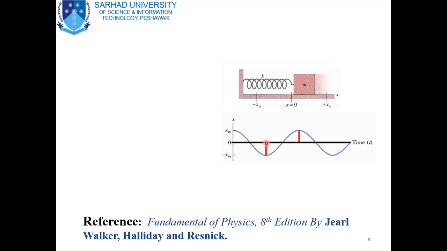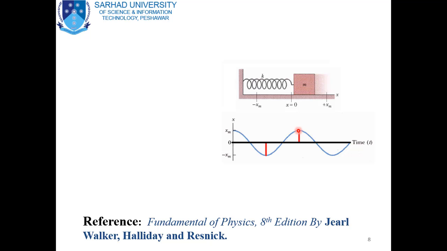So at this time the displacement is minus xm. You can see this from the figure as well, and so on. After this, the object will move to the right hand side. First it will come to the mean position and then will move to the maximum right side, and so on.